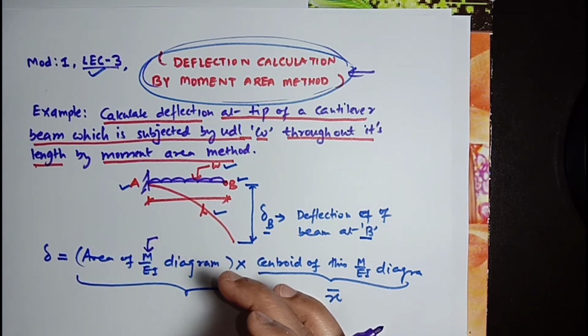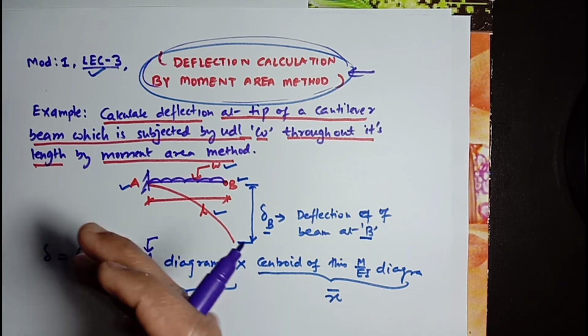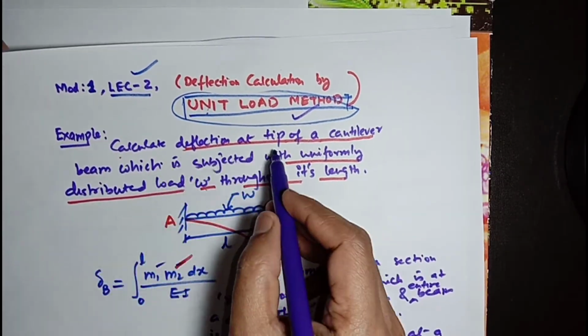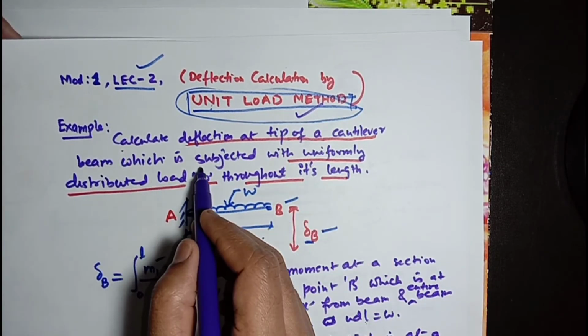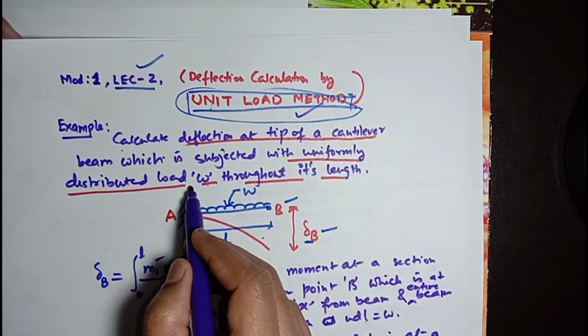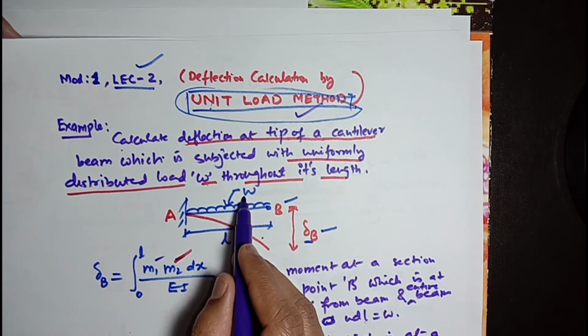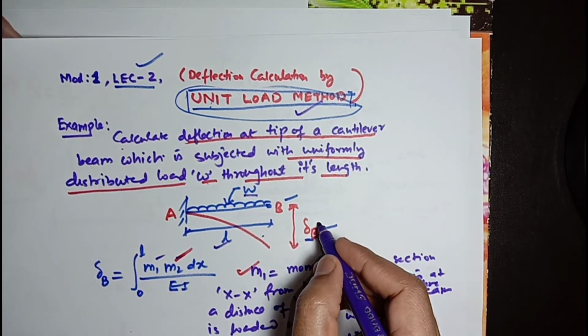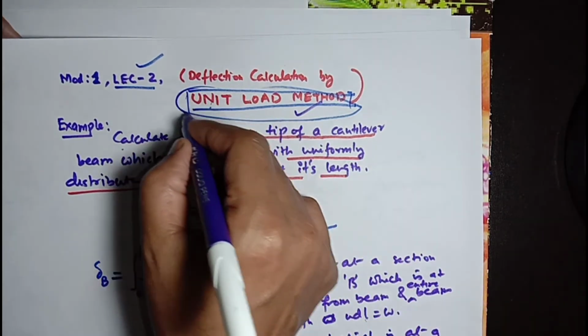I want to show you a review of that lecture. The problem statement: calculate deflection at the tip of a cantilever beam which is subjected to uniformly distributed load W throughout its length. Load is W, length is L, and delta B was calculated using the unit load method.